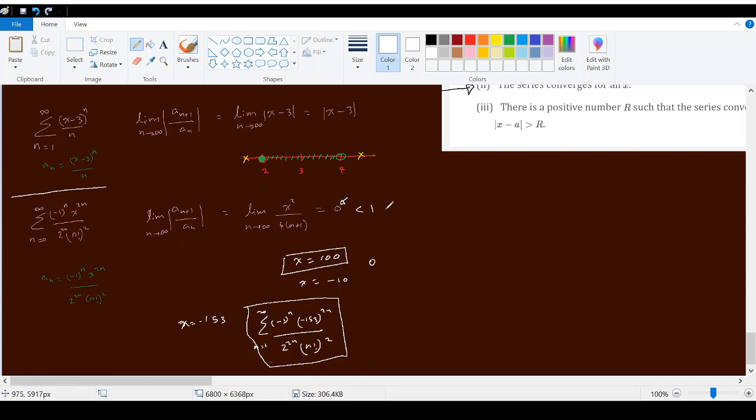So as a conclusion from the ratio test, we can say that the series will converge. And keep in mind that just by having a variable here, we cannot say anything about the convergence. To mention the convergence, you must have a number instead of x.